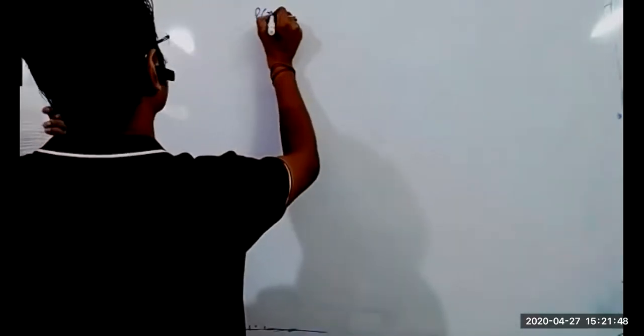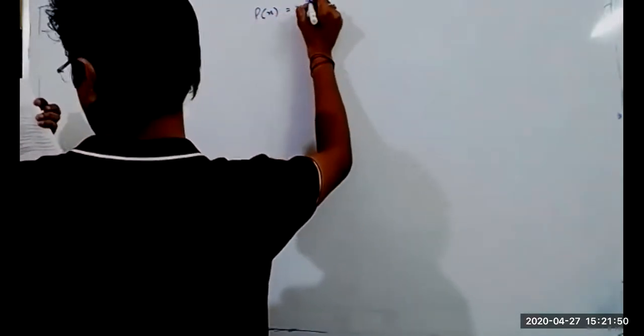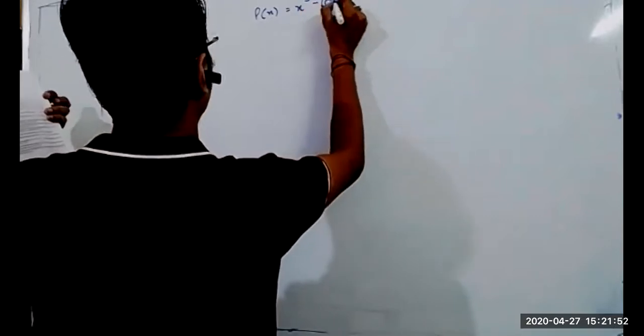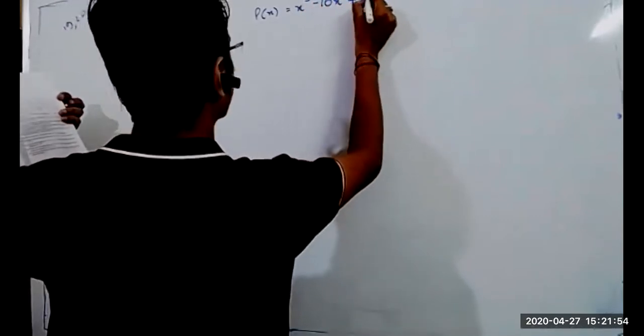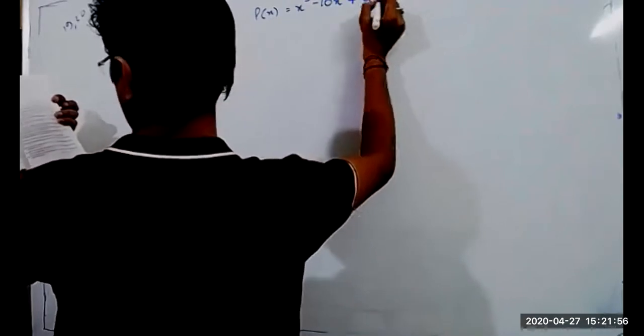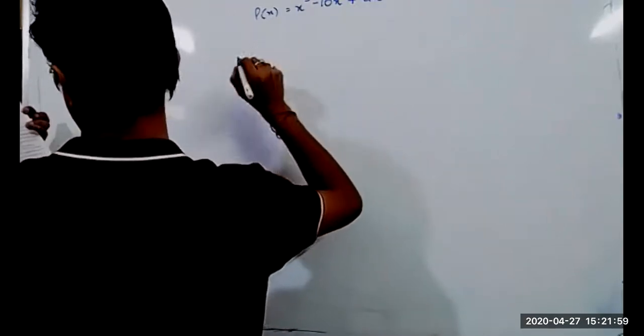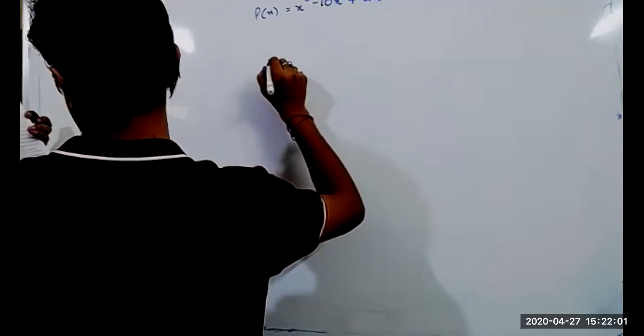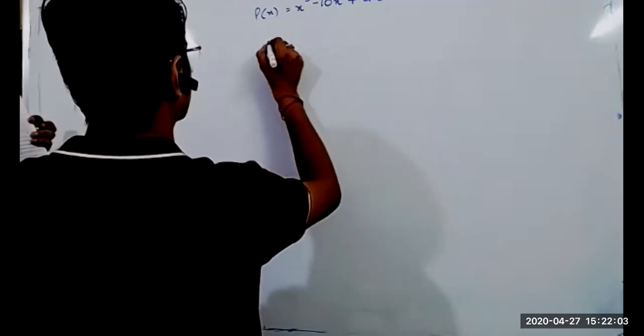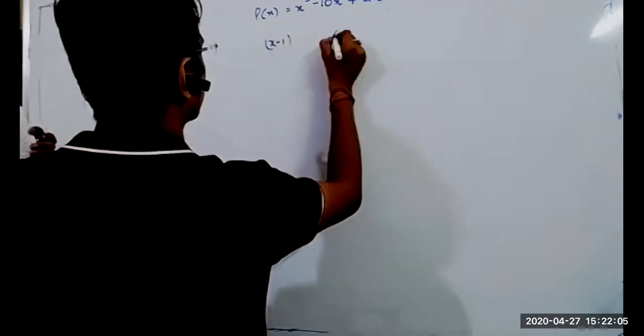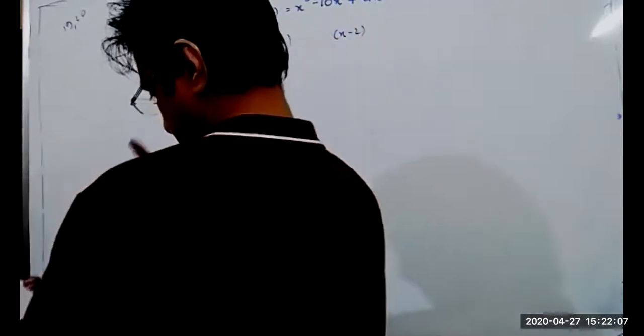So find the value of a and b so that x cube minus 10x square plus ax plus b is exactly divisible by x minus 1 as well as x minus 2. Tell me, Aditya, how to do?